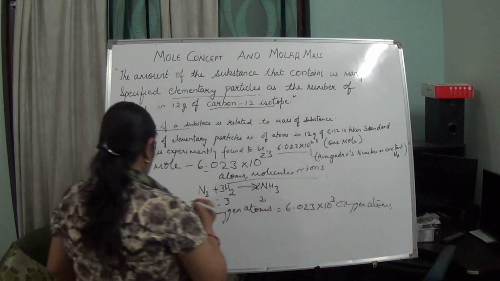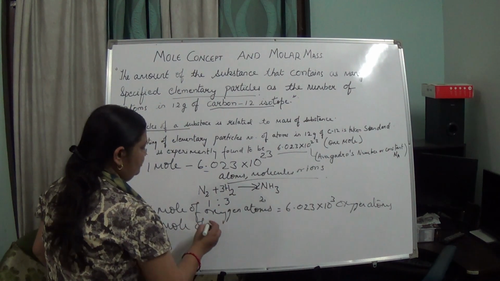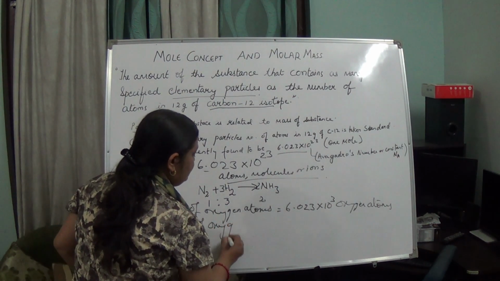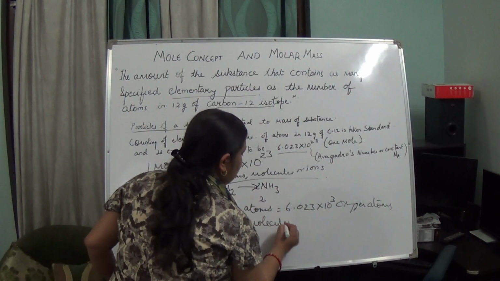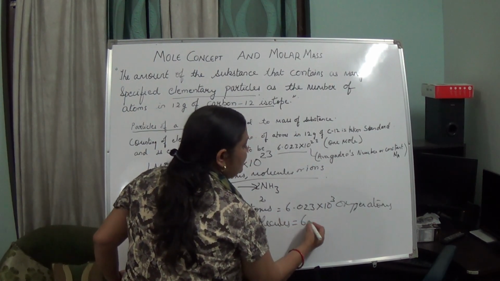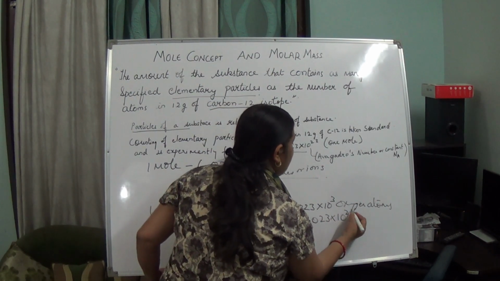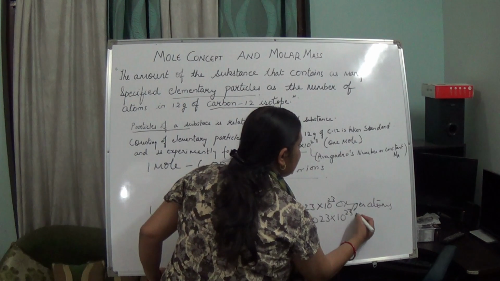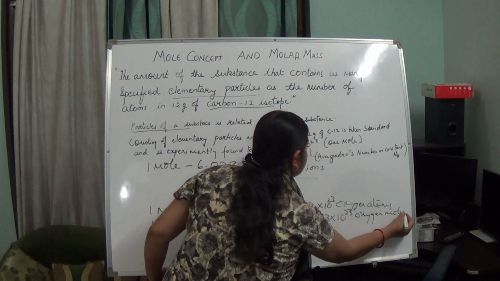If I say 1 mole of oxygen molecules, that is equal to 6.023 into 10 to the power 23 oxygen molecules. Okay.